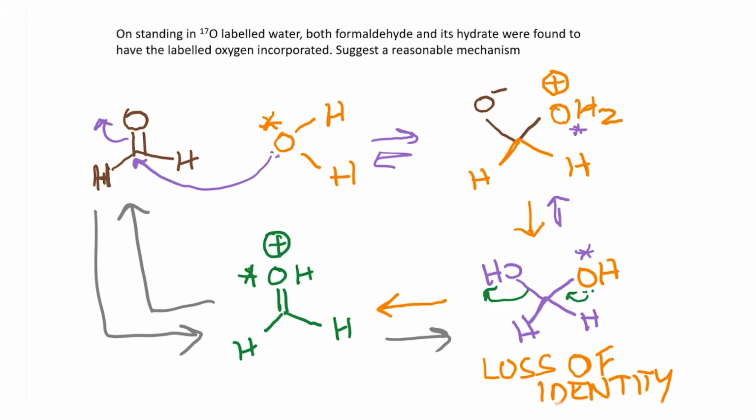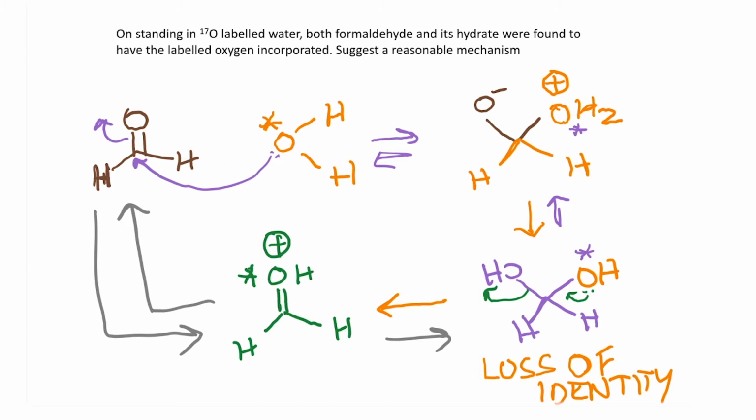So the mechanism that we can propose here is that we start with unlabeled formaldehyde, and we then react it with labeled water, and once the labeled water attacks here and forms the geminal diol, all of these would be reversible steps. At this point there is no difference between this oxygen and this oxygen, that is the unlabeled oxygen versus the labeled oxygen, and so either of them can actually be kicked out.